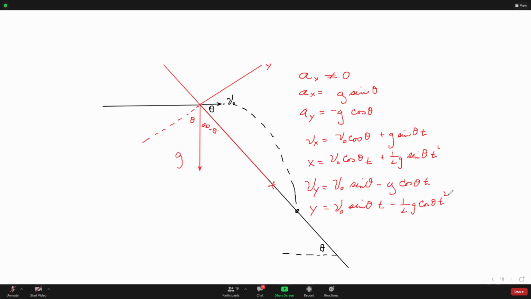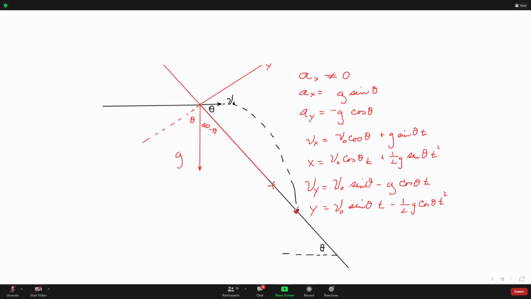Now, use those equations in whatever way you like, and there's more than one way to do it, in order to determine where that position is on my new x coordinate where the projectile hits the cliff face.